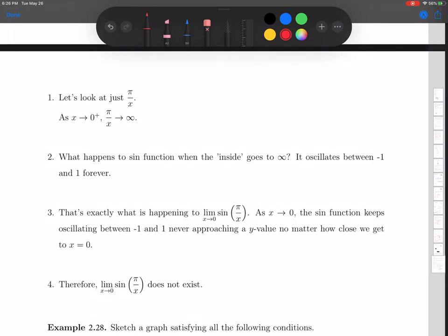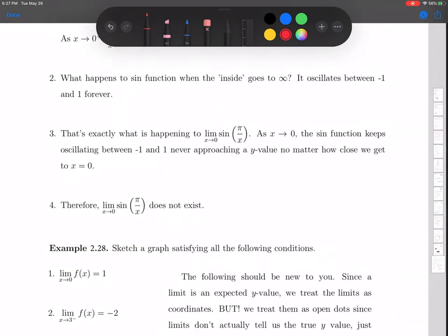Well, remember, it's always oscillating between -1 and 1. That's what it does forever. That's exactly what is happening when you take the limit as x approaches 0 of sine of pi divided by x. As x goes to 0, the sine function keeps oscillating between -1 and 1, and it never approaches one specific y value, no matter how close we get to 0. Therefore, the limit as x approaches 0 of sine of pi divided by x does not exist.